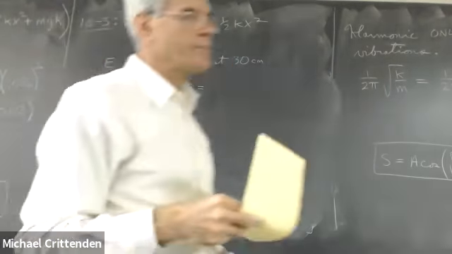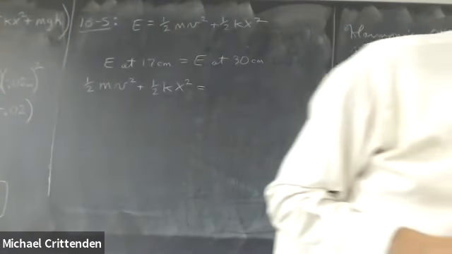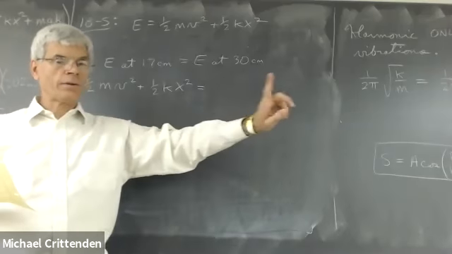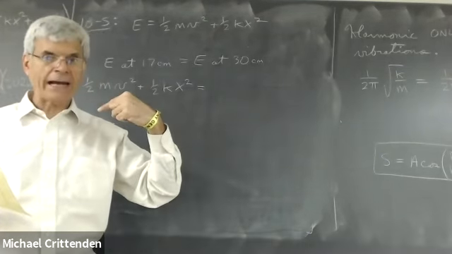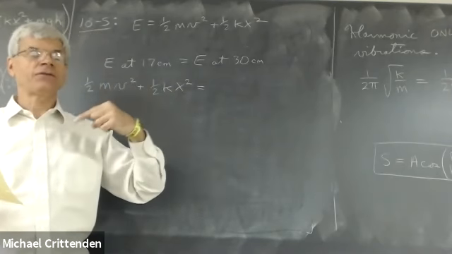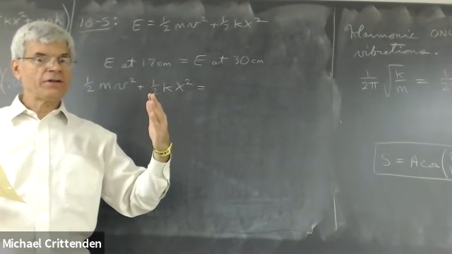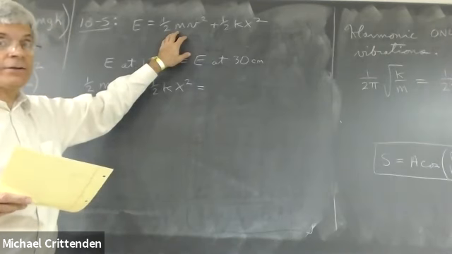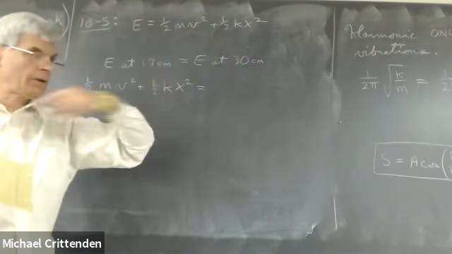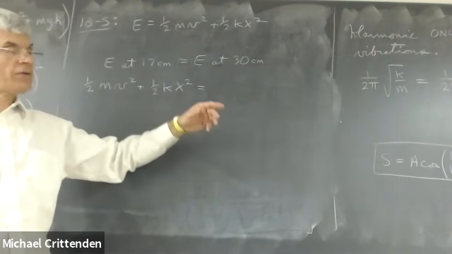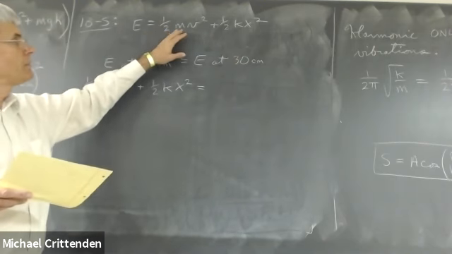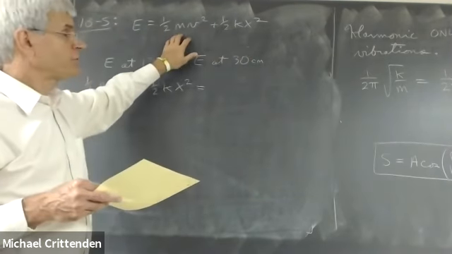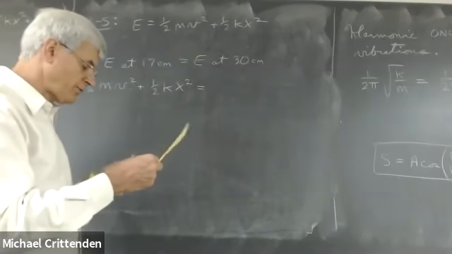30 centimeters is the amplitude, okay? 30 centimeters is the farthest from equilibrium it ever gets. That's where the thing turns around and starts going back. So at that instant, when it's there, the velocity passes through 0. So there is no kinetic energy. When it gets out to either side there, the turning points on either side of equilibrium, all of the energy is in the form of potential energy at that instant, because for just an instant, the velocity passes through 0.